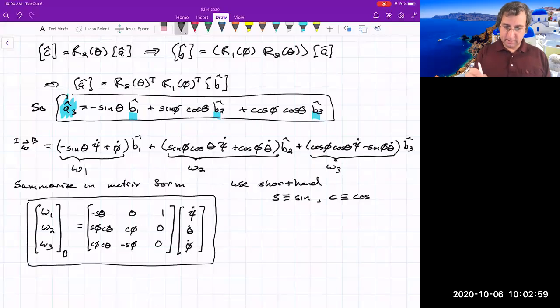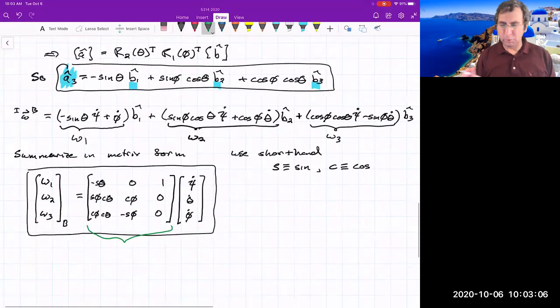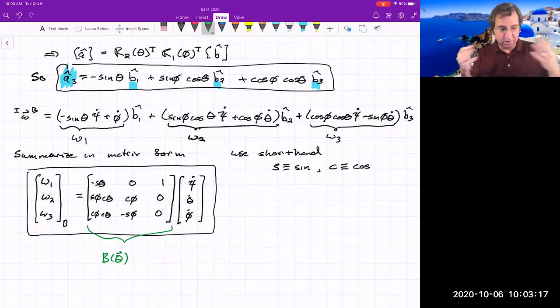We're going to give this a name. This matrix, because of the way it's listed in a table that I will give you, we'll write as the B matrix. And we'll emphasize it's a function of the Euler angles. We'll write the Euler angles as a vector theta.